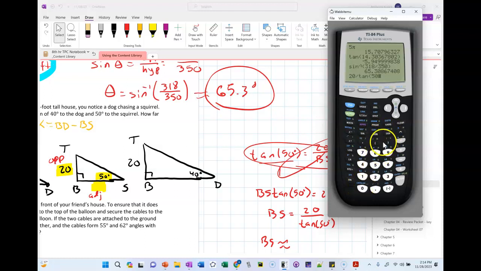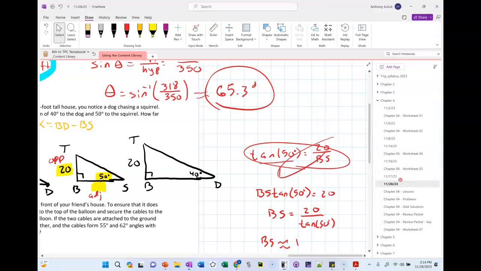But what do I have to make sure? I'm in degree mode. Well, I know I am. I just changed it for the last problem, but just wanted to reiterate. So that's about 16.78.